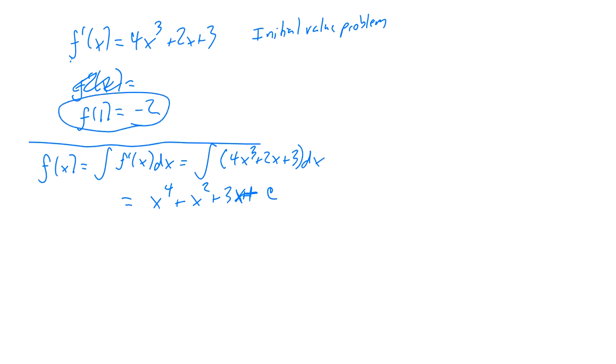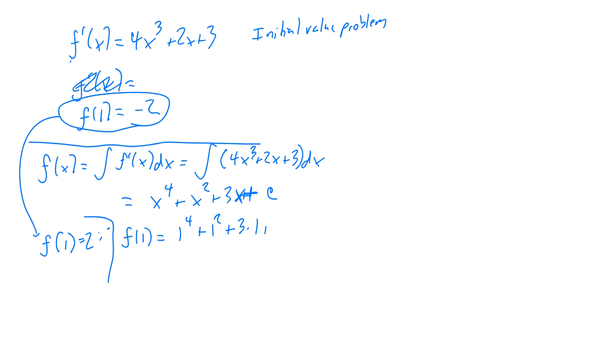known as the initial condition. So we know that f of 1 is equal to 2. So let's find out what f of 1 is. From this previous equation, f of 1 is going to be 1 to the 4th plus 1 squared plus 3 times 1 plus c. And we're told that has to equal 2.